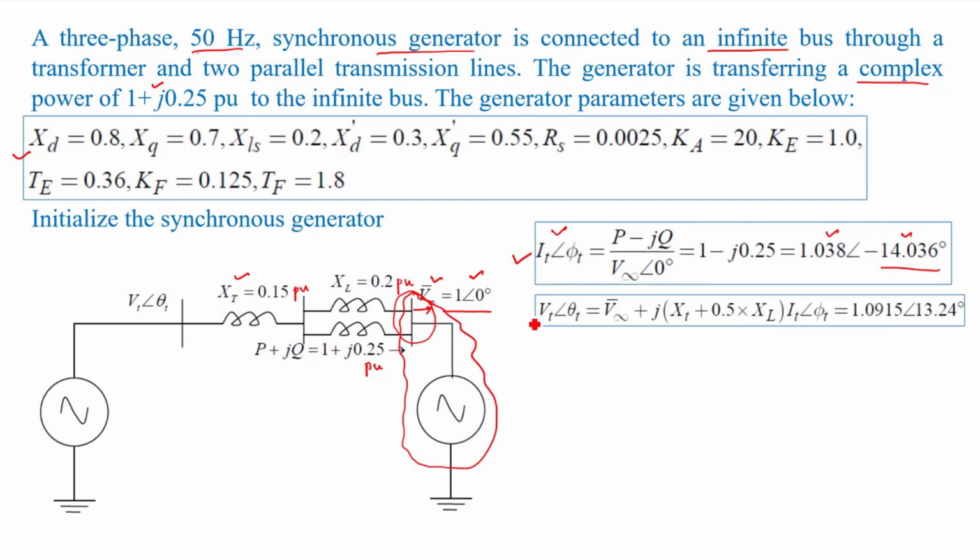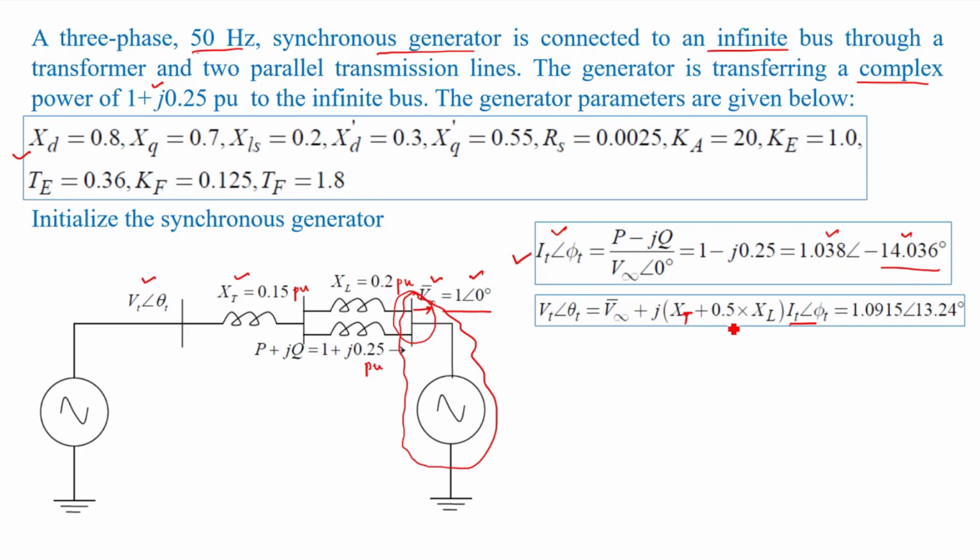Similarly, we can find the terminal voltage, Vt angle theta t, which is equal to V infinite plus It into j of the whole combination of the reactances, that is j of (Xt plus 0.5 XL). Because these two lines are parallel with equal reactances, it will be divided by 2, so it becomes 0.5 XL, and XT is the reactance of the transformer.